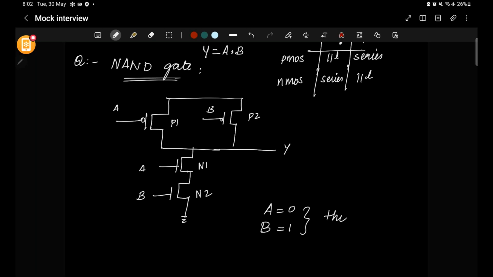This pattern will detect which fault? Whether it is P1 stuck on, P2 stuck on, N1 stuck on, or N2 stuck on. Which pattern will detect this? This pattern will detect which fault?